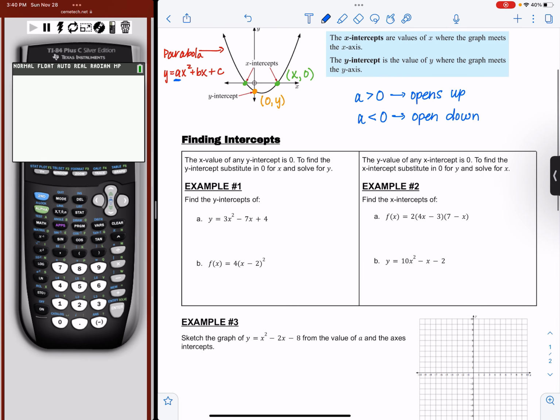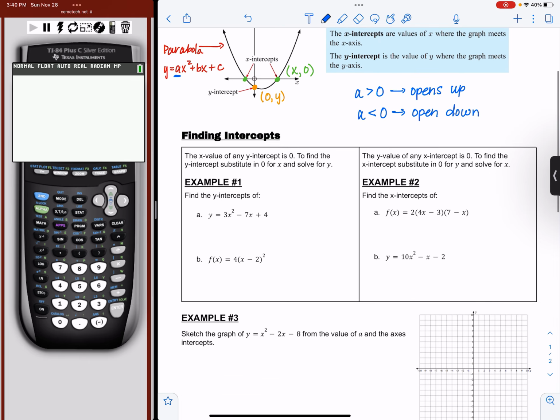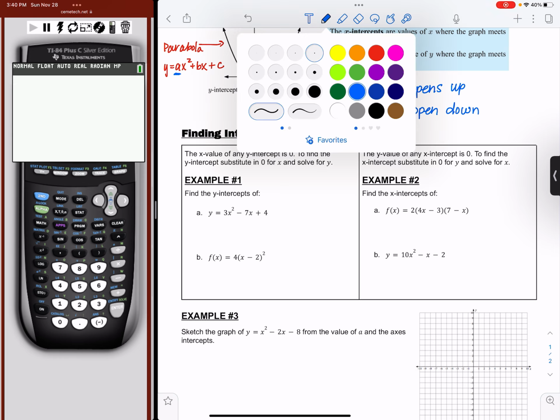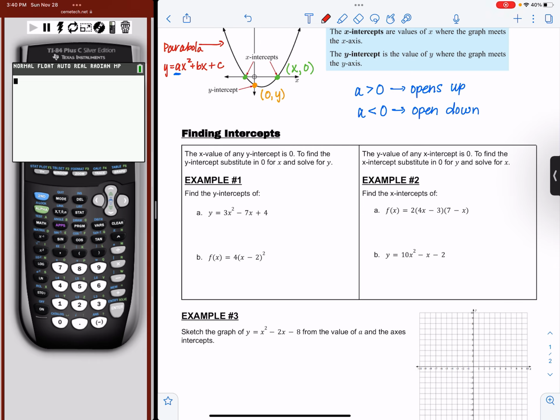The next thing we're going to talk about is finding intercepts. The x value of any y-intercept is 0. To find the y-intercept, you substitute in 0 for x and then solve for y. Remember, anytime you have a y-intercept, the x value is 0, so we're going to have 0 comma y.